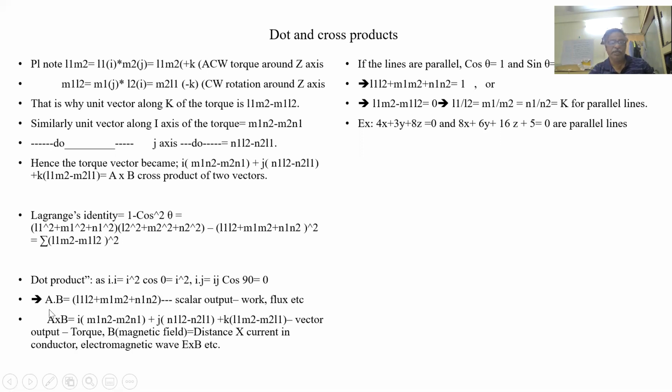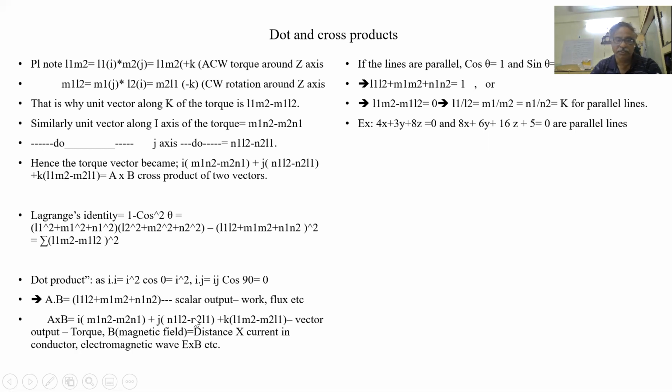So A dot B is the dot product, a scalar output. A cross B is torque, a vector output. We use this in IJK. AB sine theta. When A and B are 1, sine theta is the magnitude of A cross B. What is the value of this?